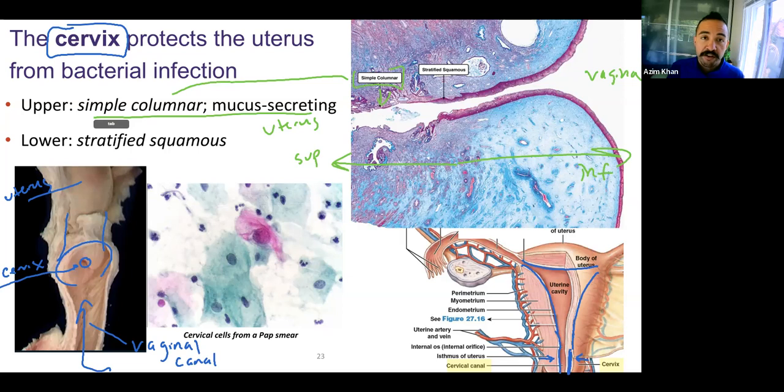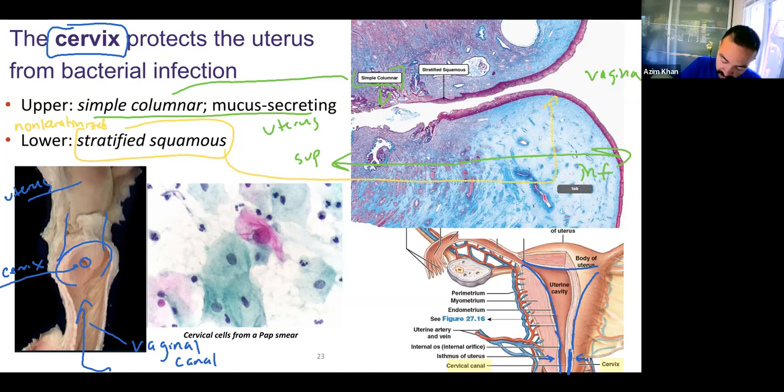Lots of mucus production to help protect and lubricate the uterus and cervix. But as we transition to the vagina, it's going to become non-keratinized stratified squamous epithelium over here.